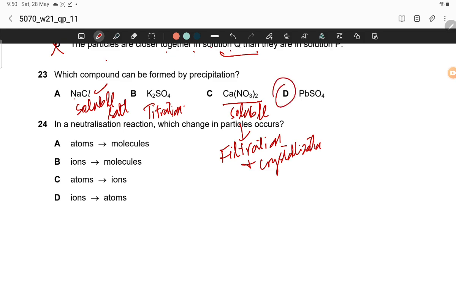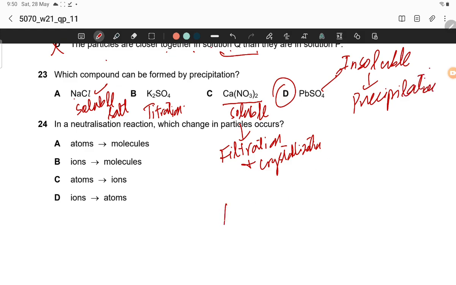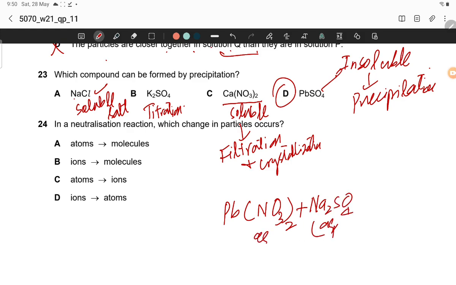And lead sulfate is insoluble and can be made by precipitation. By reacting two aqueous salts like Pb(NO3)2 plus sodium sulfate, equal volumes of both aqueous solutions are mixed to form lead sulfate and sodium nitrate.